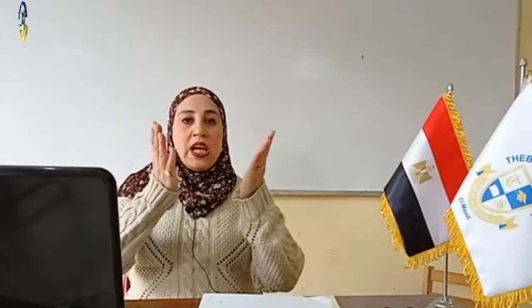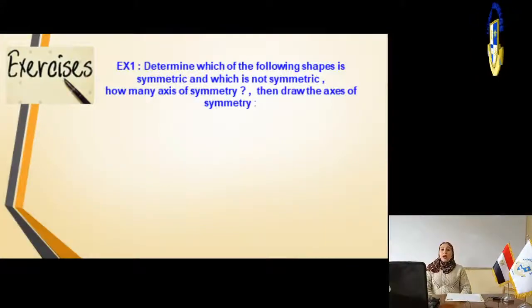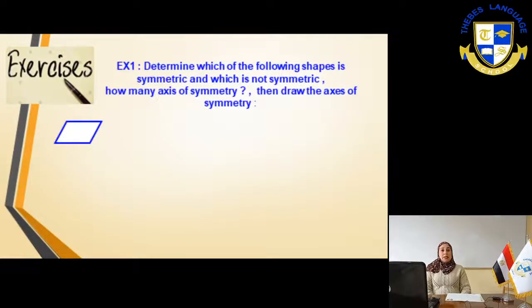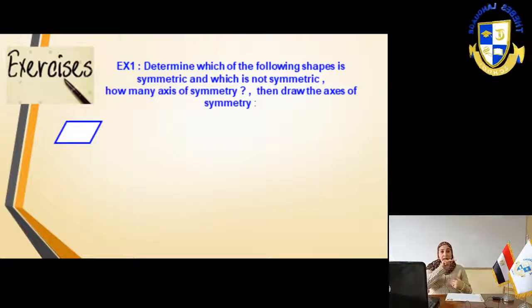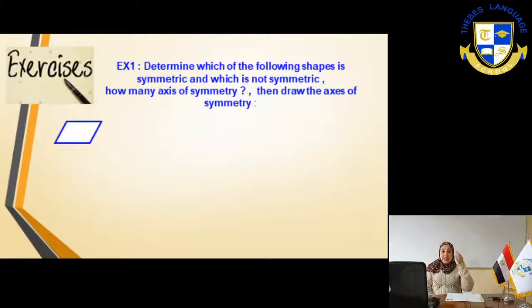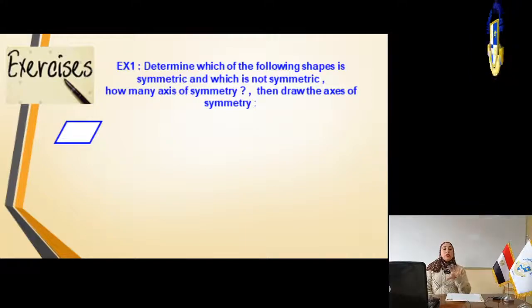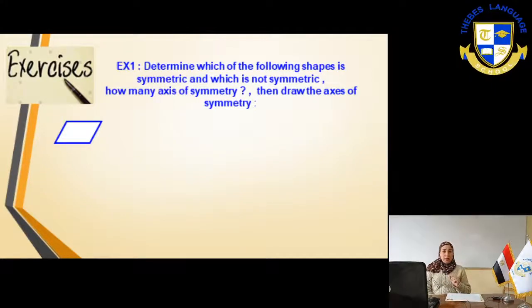Symmetric means identical, equal to each other, congruent to each other. Here, the first shape is a parallelogram. Is the parallelogram symmetric to itself? Can I divide it into two equal parts exactly? No. So, this shape is not symmetric.